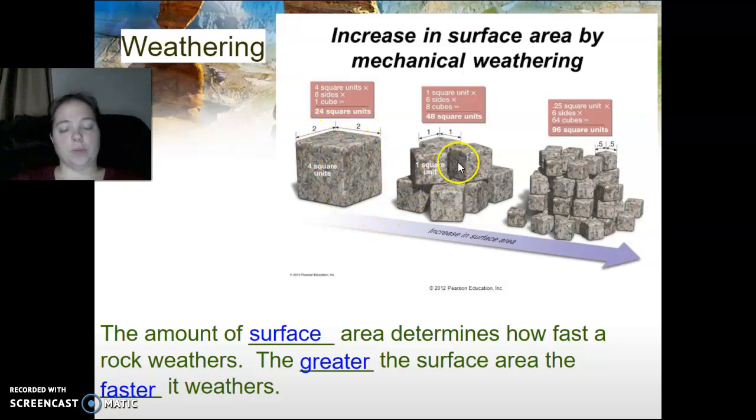Now we've broken up that square into littler squares. So now they're 1 by 1, and you've got a lot of 1 by 1. So these are going to dissolve faster than this. And then if I break them up even more into 0.5 by 0.5, they're even smaller than this one.